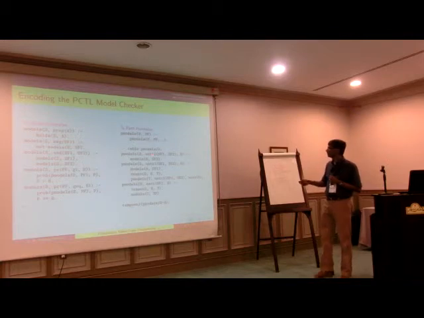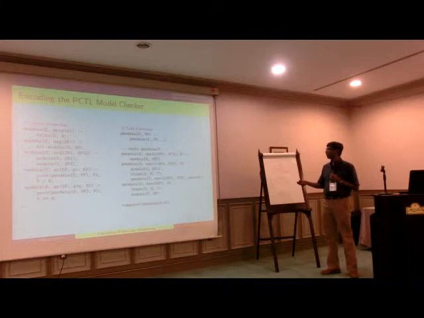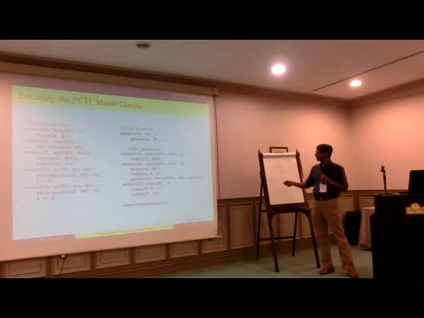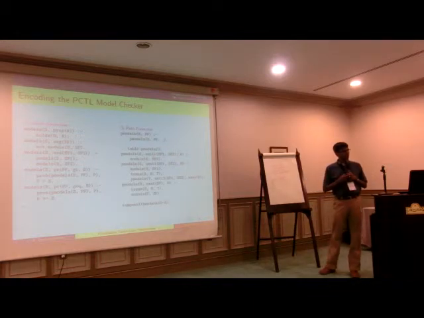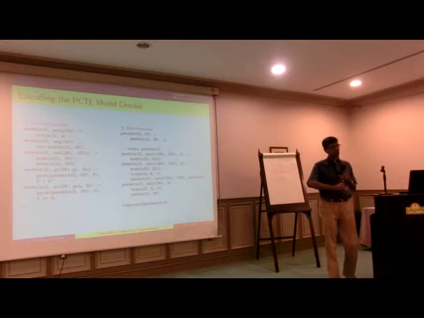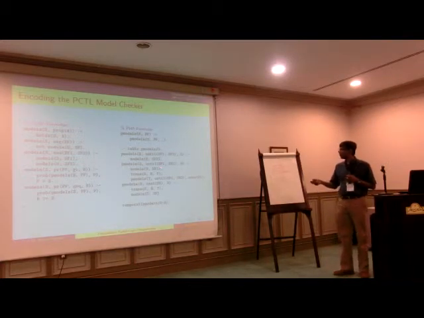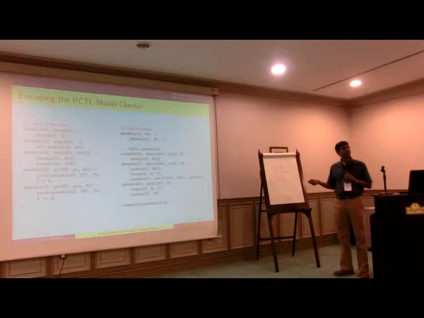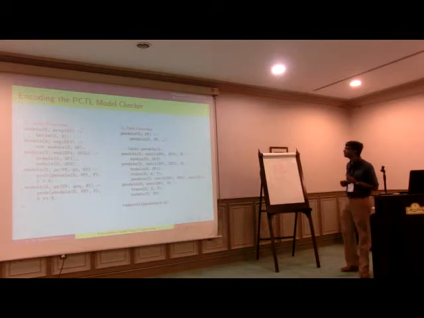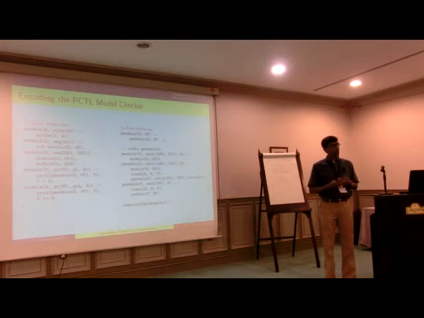The more interesting thing is here that you say a path formula SF1 until SF2 holds at state S if the guaranteed until part already holds at the state S, or you can make some transition, SF1 holds in the current state, and SF1 until SF2 will hold from subsequent states. Okay. So it's a very straightforward encoding, very similar to the EF encoding that we did for CTL. And we can take this encoding of PCTL, now we have a model checker for PCTL.